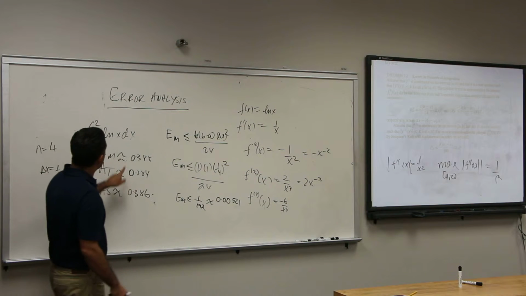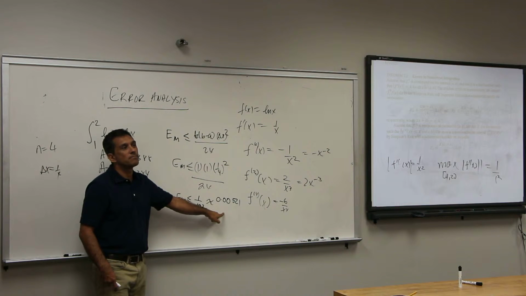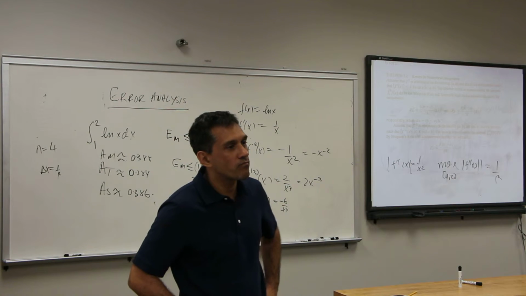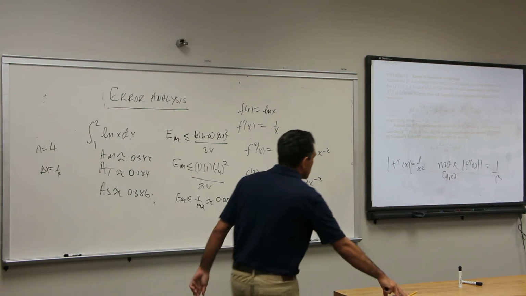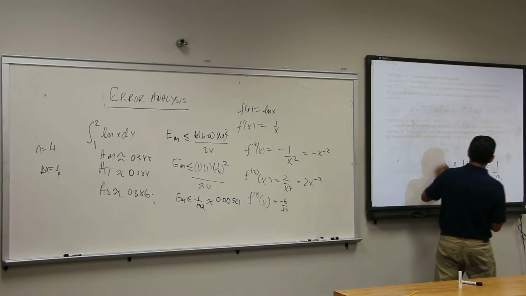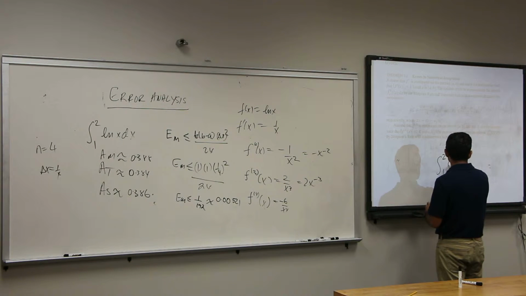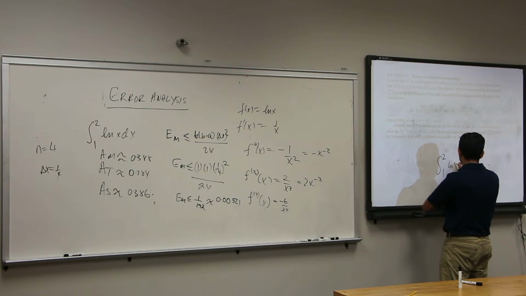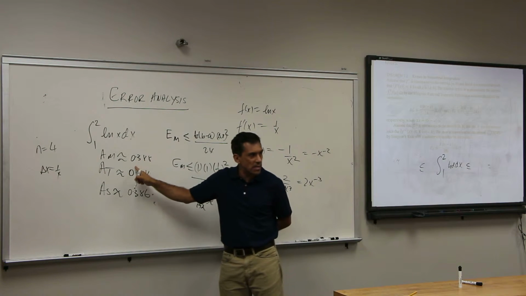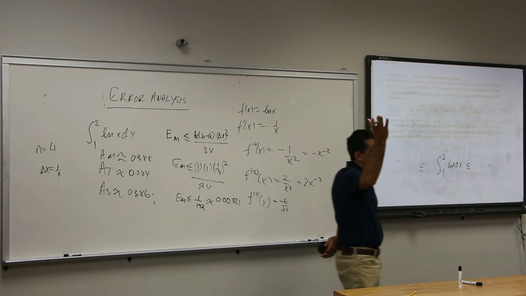Which is to say that the exact answer is between my estimate plus that error and my estimate minus that error. So the exact answer, which is quite phenomenal, lies between two numbers: my estimate plus the error and my estimate minus the error, even though I don't know what it is.